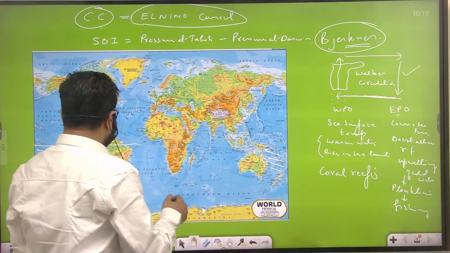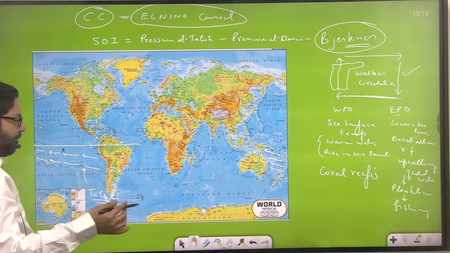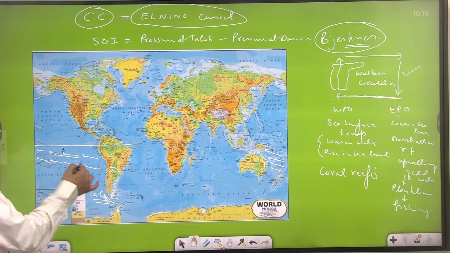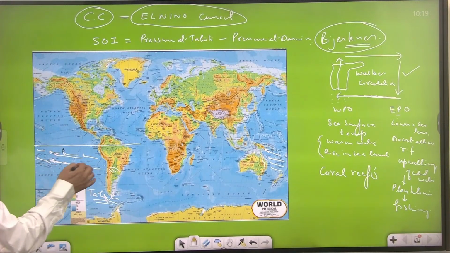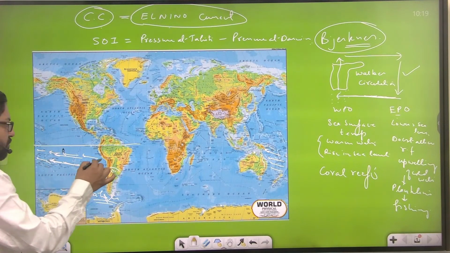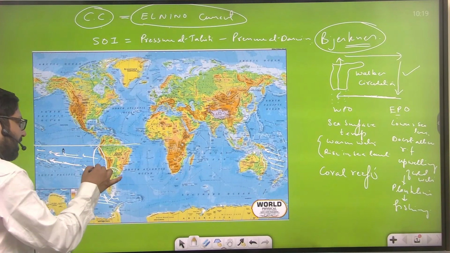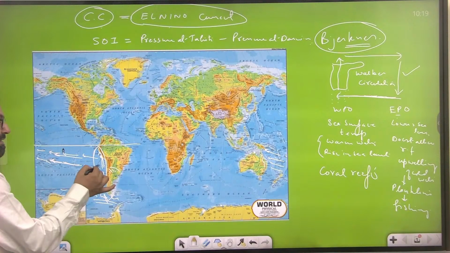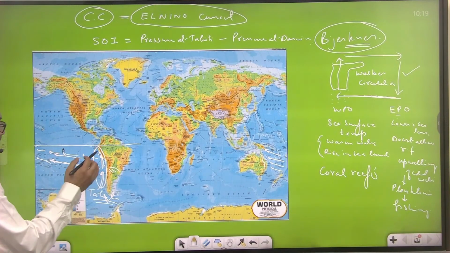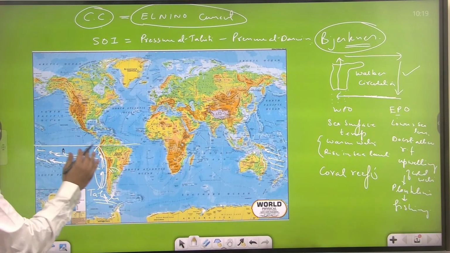Now, in a normal year, surface easterlies are found because the pressure gradient is directed from east to west. So in the eastern part, upwelling of cold water is there, Peru current is there. Cold water means high pressure. And this warm surface water piles up on the western side.